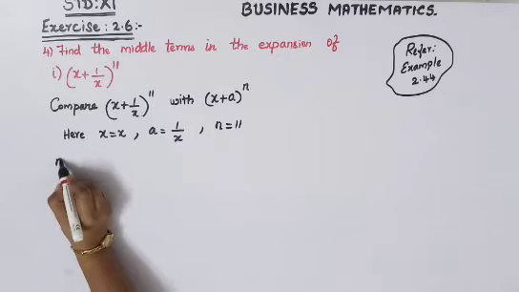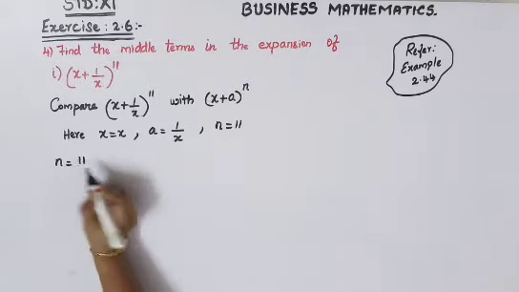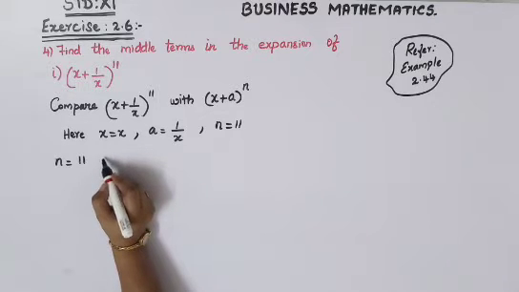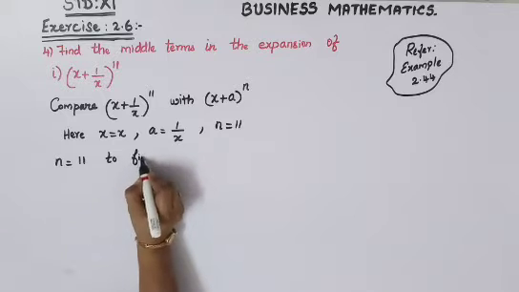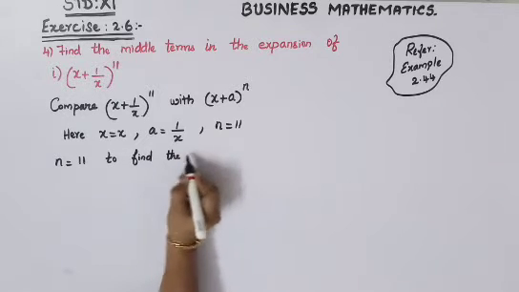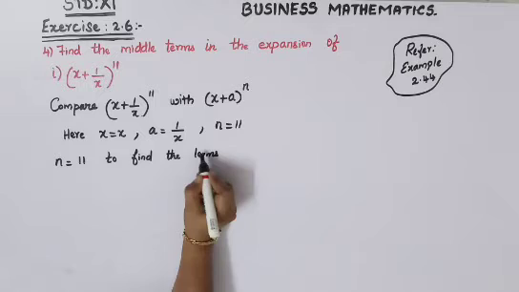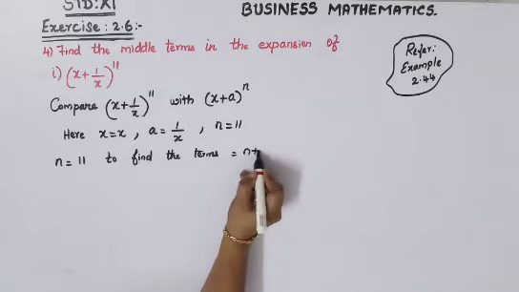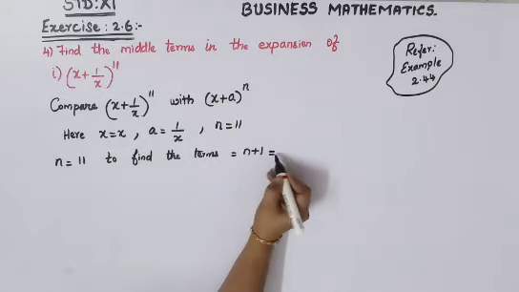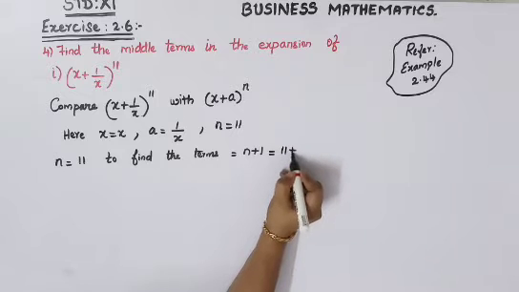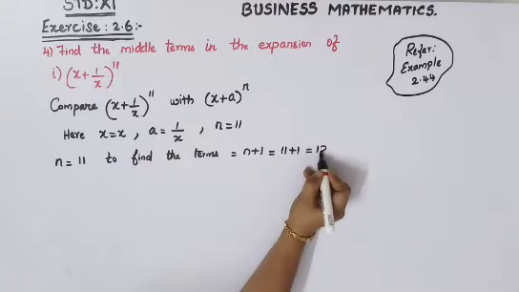Now they have given you n is equal to 11. Then you will have to find your terms. To find the terms, your formula is n plus 1, that is 11 plus 1, which is equal to 12.